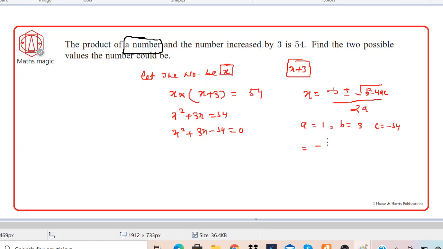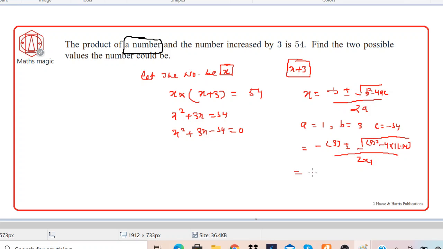So it's minus 3 plus minus root of 3 square minus 4 into a is 1 and c is minus 54, and then the whole thing divided by 2a, so just 2 into 1.